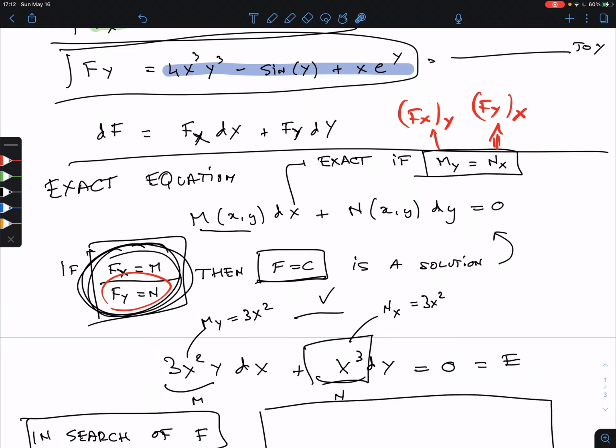So let's read what it says. You take the partial with respect to x, and then you take this partial with respect to y. And what do you do here? It's just the order. First you take the partial with respect to y, then the partial with respect to x. But since each time you take partials, one is considered a variable and the other one is constant, it doesn't really matter in which order you do this.